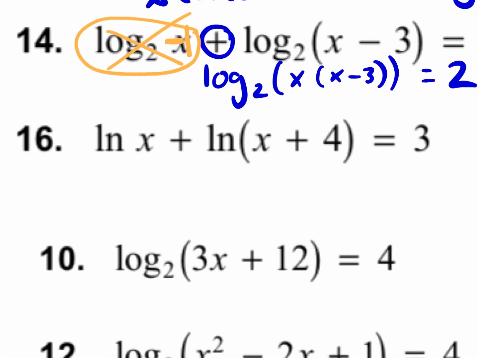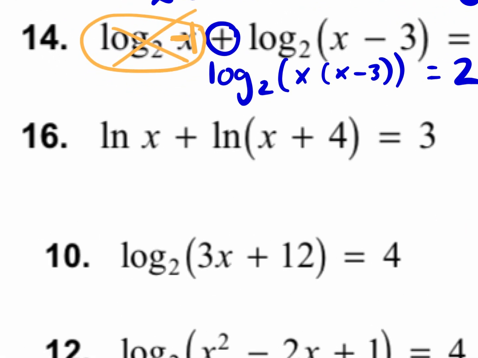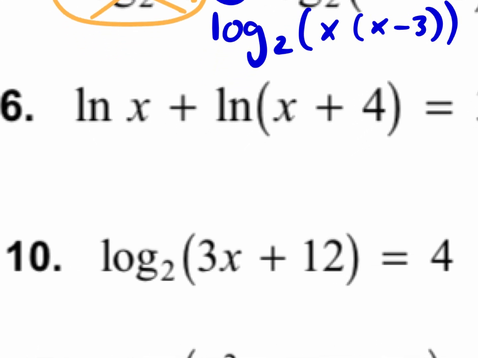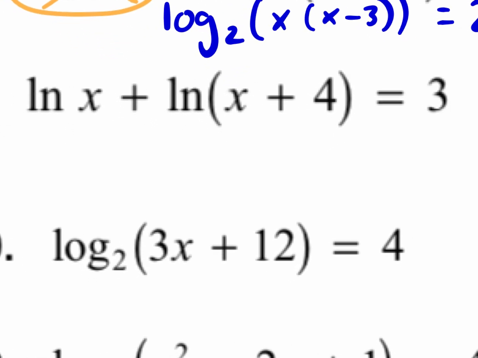So for 16, what would I do first? So I have to condense it to 1 ln. How? I multiply. So the ln of x times x plus 4 is equal to 3. How can I get rid of the ln?